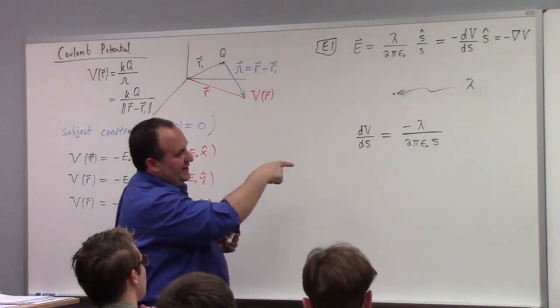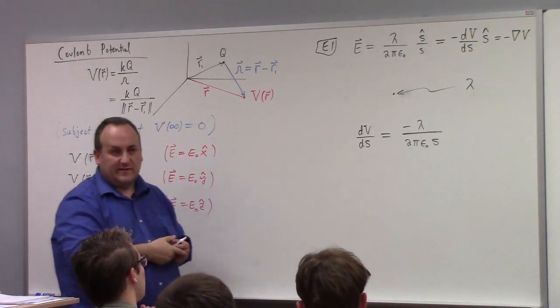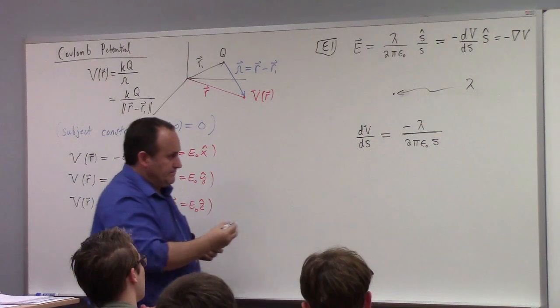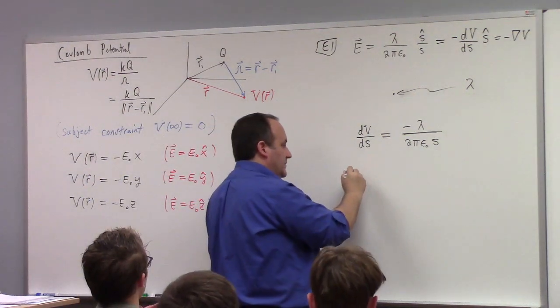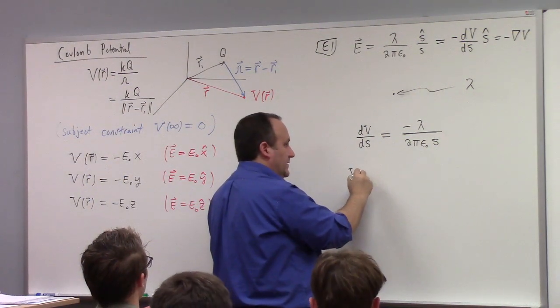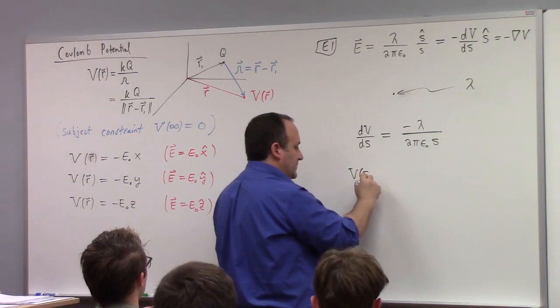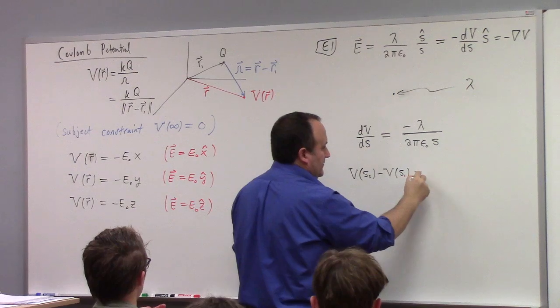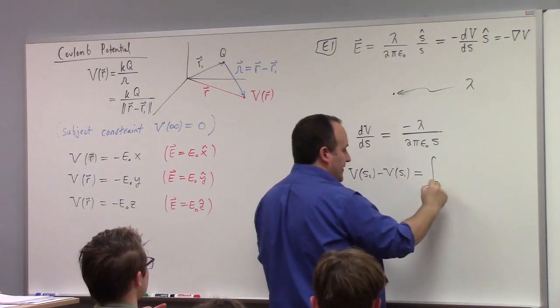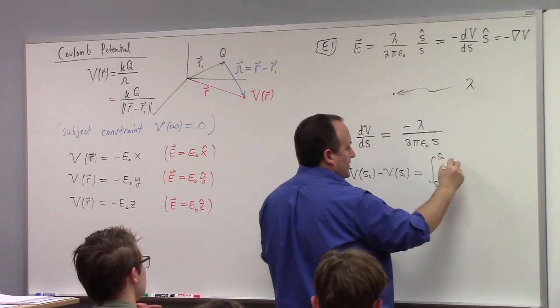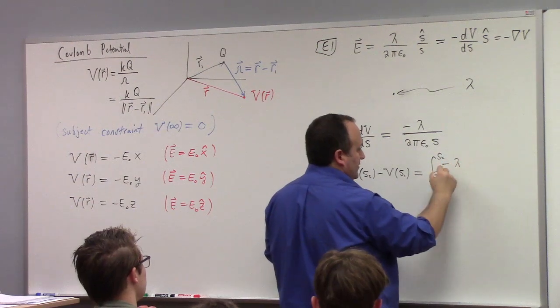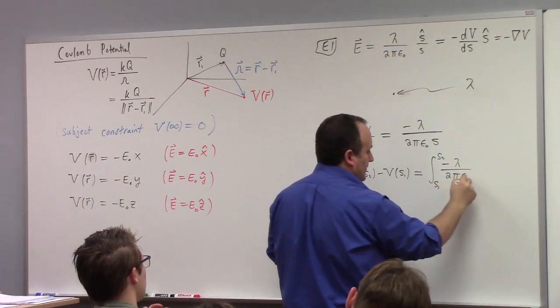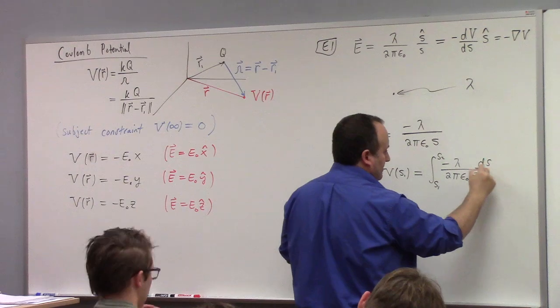The lambda, the 2 pi, the epsilon naught, these are all constants, right? So here we go. The voltage at, let's say, S2 minus the voltage at, let's say, S1 would be equal to the integral from S1 to S2 of minus lambda over 2 pi epsilon naught ds over s.